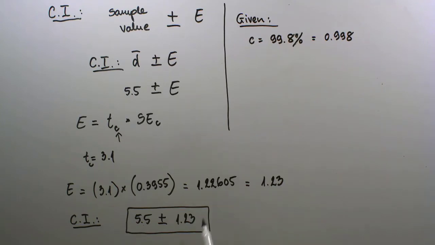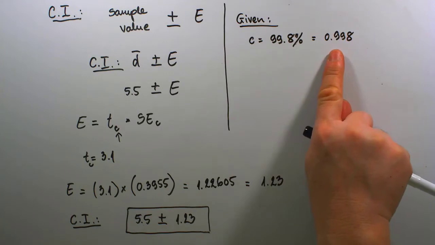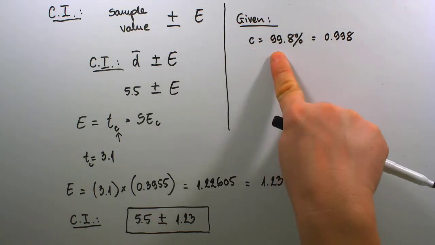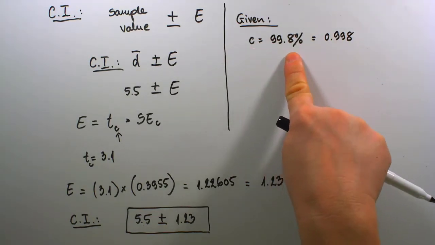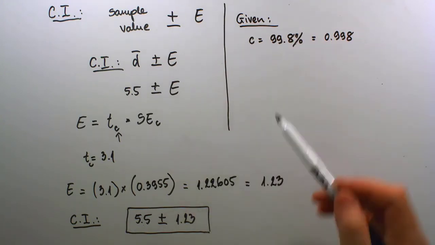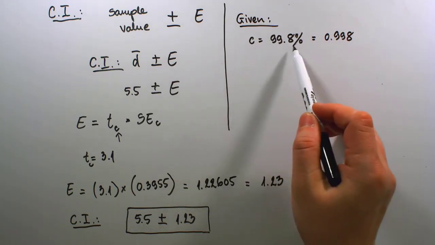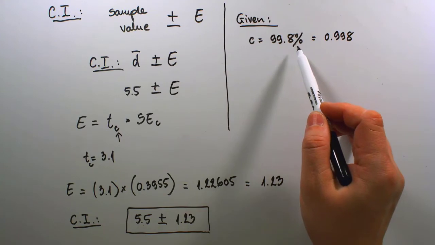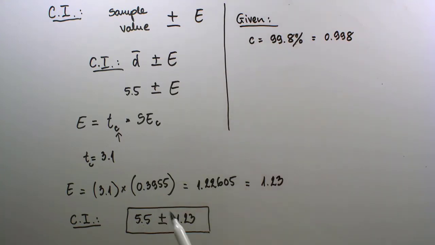And so the way it reads now is that guaranteed at a successful level of 99.8%, or guaranteed at 99.8% chance of success, the actual difference in the two population mean values is going to be somewhere up and down by 1.23 from 5.5.